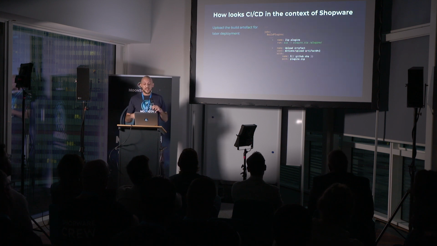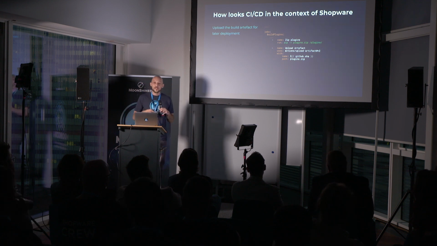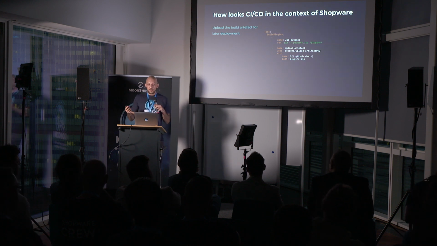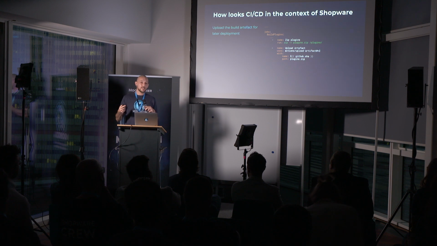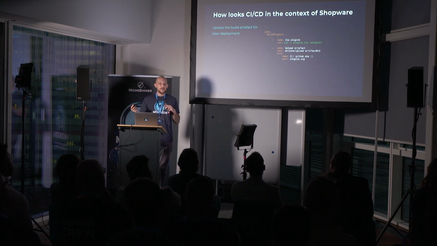The next step would be uploading the artifact for later deployments. Since we are on GitHub, and we have multiple steps, it's a pipeline consisting of more jobs and more steps, and you have kind of reusable parts. One of these parts would be the plugins themselves. You build them inside a container, you install all dependencies, and then you can later just copy them, SSH them, whatever you want to save them.